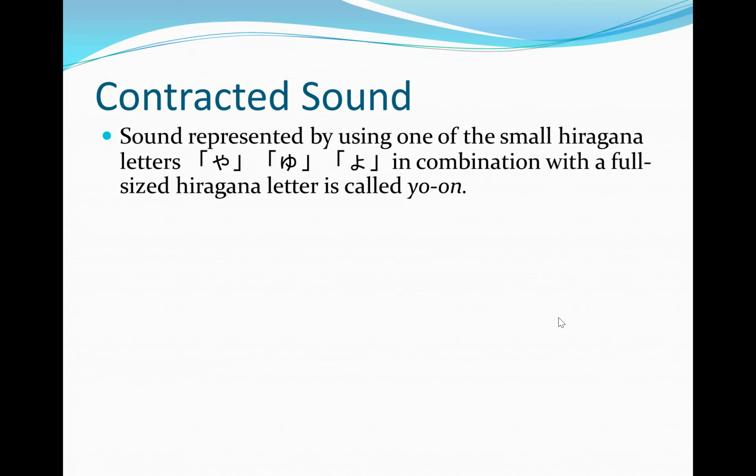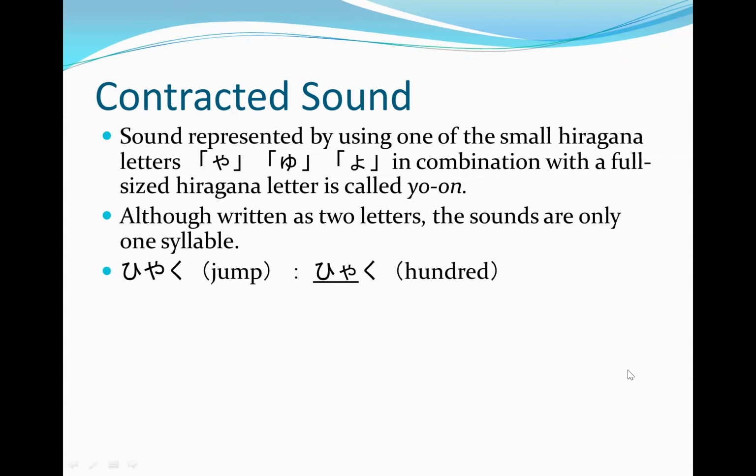These ya, yu, and yo are usually written half the size of the full hiragana. Remember that. Although it is written with two letters, these sounds are read as one mora or one syllable. For you to better understand, I'll give you examples.